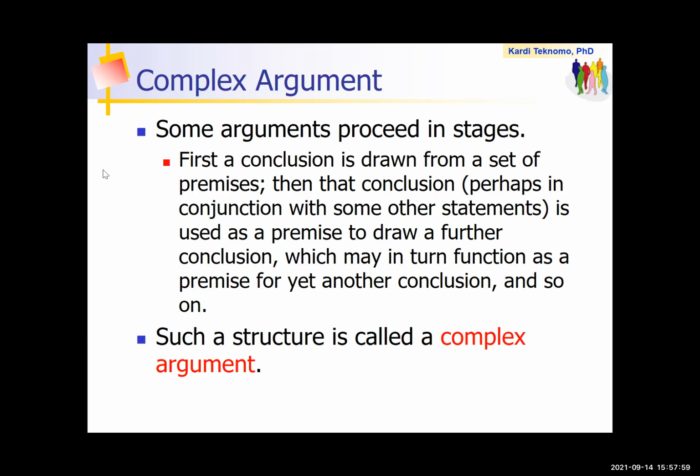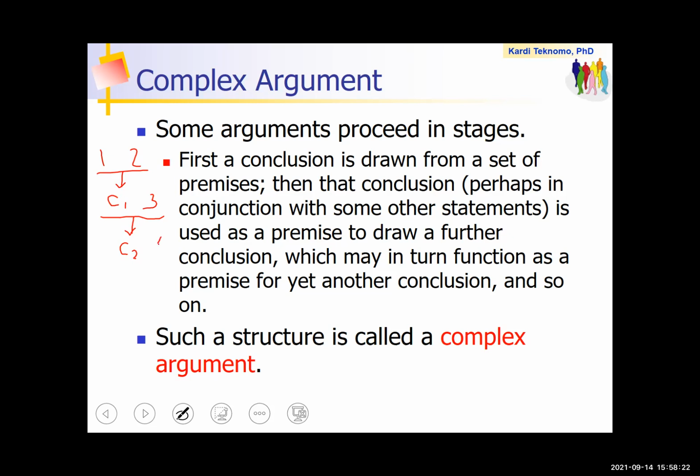Say you have an argument diagram something like this. So you have 1 and 2, you create the conclusion C1. And then now you have premise number 3, you create another conclusion named C2.